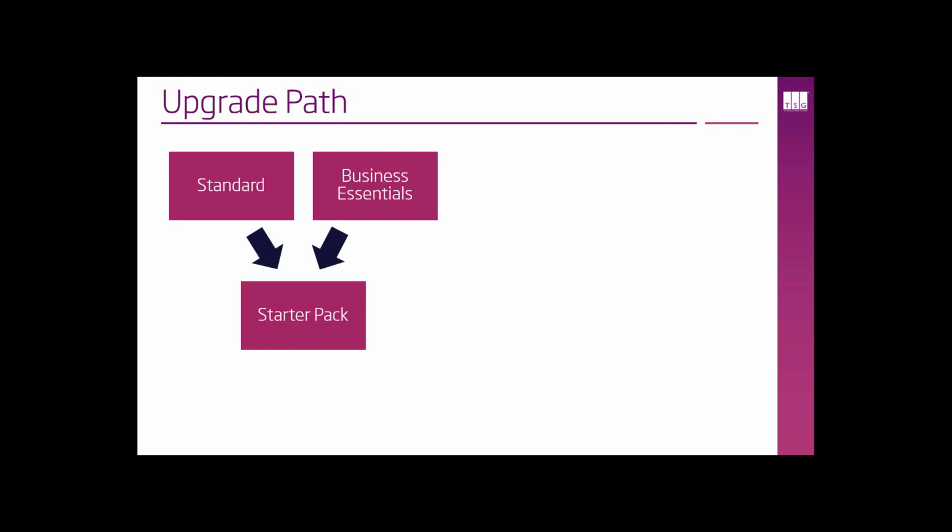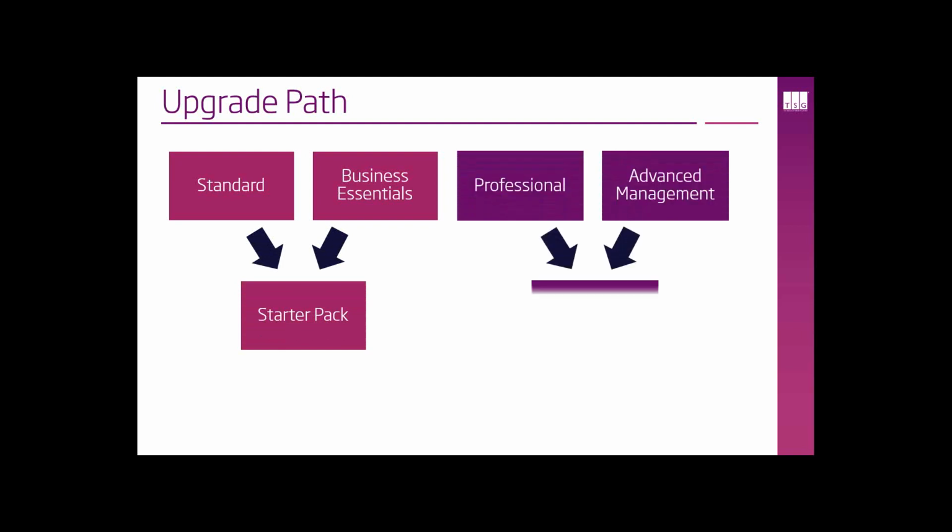As I say, in a very small number of cases there are exceptions to that and you actually do get the extended pack, but let's regard that as being what you get. The other two versions, what I refer to as the other two historic versions of NAV that are out there, are Professional and Advanced Management. And both of those map to the starter and the extended pack.